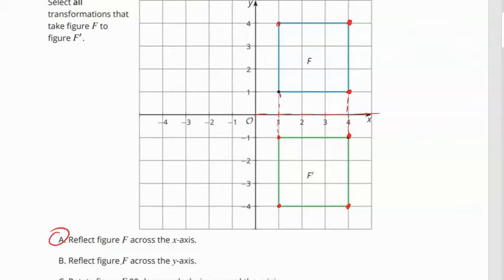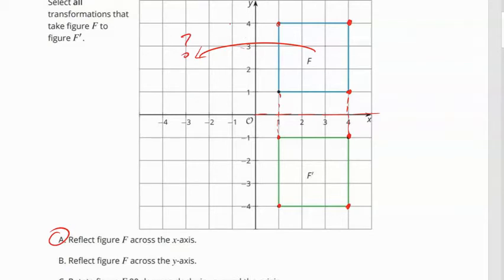Let's see. So A would work. What about B? Reflect figure F across the y-axis. Oh, well, if we went across the x-axis, we'd be reflecting over that way. But there's no image there, right?